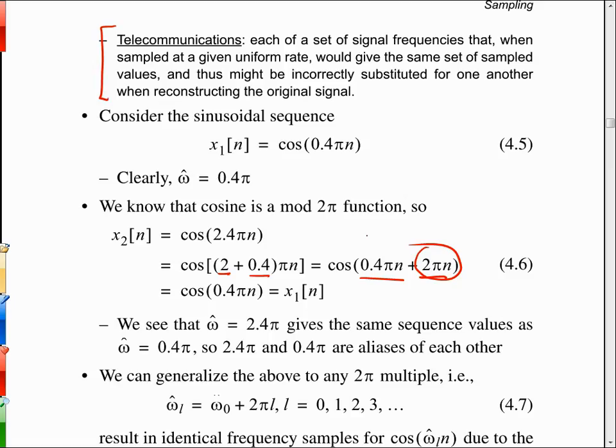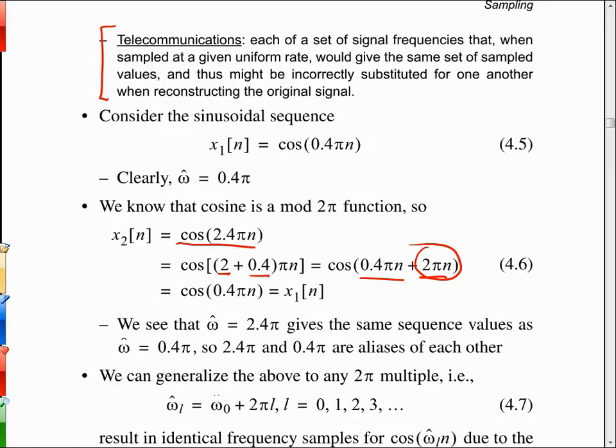Does it do anything? It doesn't do anything, right? Because cosine's a mod 2 pi function, so that 2 pi n is transparent to the way the function evaluates. So now we're seeing that it's not unique to have 0.4 pi to get a cosine sequence. We could have 2.4 pi and we get the identically same samples.